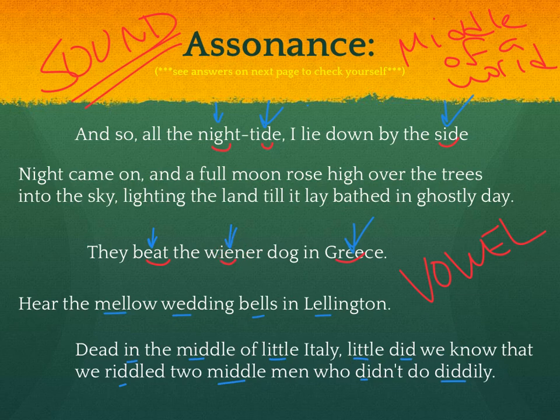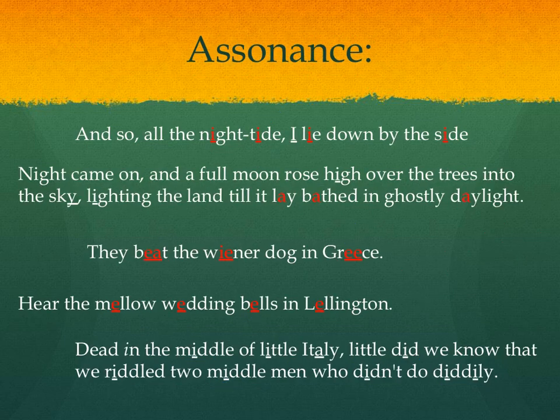IE in this case goes E. And EE also goes E. Beat, we, grease. So again, it's about the sound. It has to be a vowel sound, and it's in the middle of the word. So now we're going to try some on the next slide. Oh, sorry, here's the answer key just so you can see it in a nice clean version.